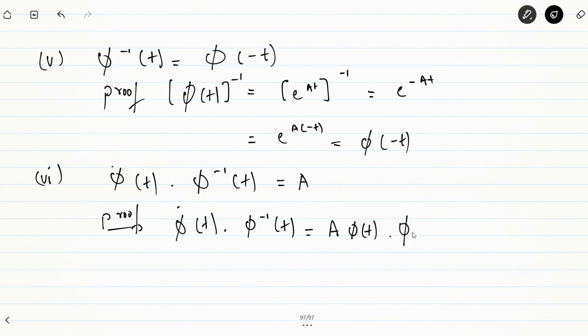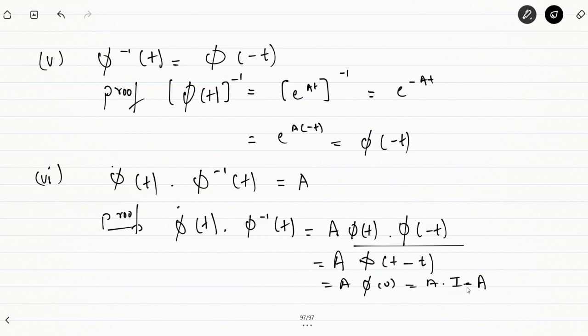And phi of t1 minus t2 is equal to phi of t1 into phi of minus t2, that we have also already discussed. So this is phi of t1 minus t2, fine. So t and t cancel. A into phi of 0, phi of 0 is identity matrix, so this is a into I, that means this is equal to a only.